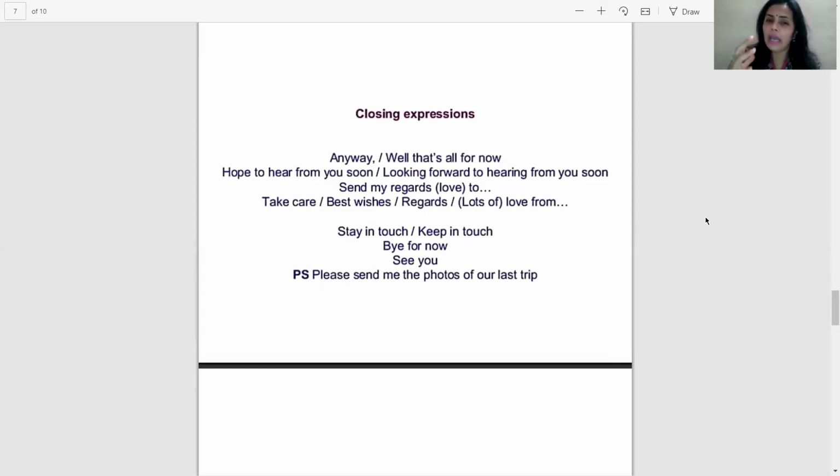After using one or two of these closing expressions in the letter, the last line of the letter would be the valediction. Valediction means closure. You are closing the letter. And how will you close it?